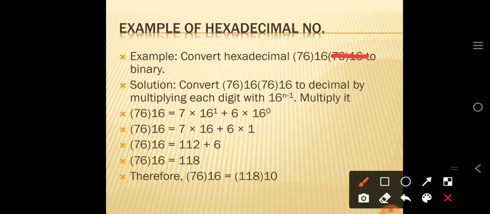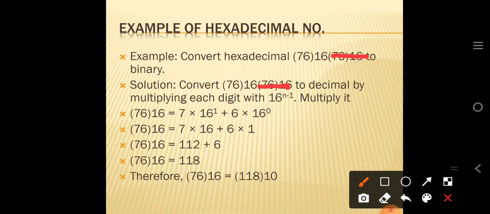This is a hexadecimal number and we have to convert it into decimal. So the solution: we have to convert the 76 hexadecimal number to decimal. How can we solve it?